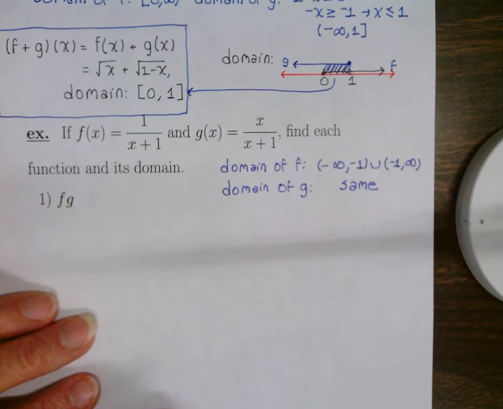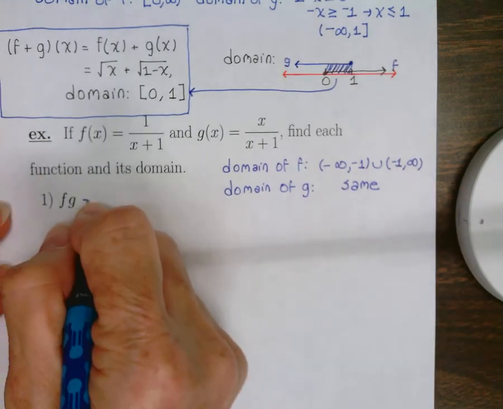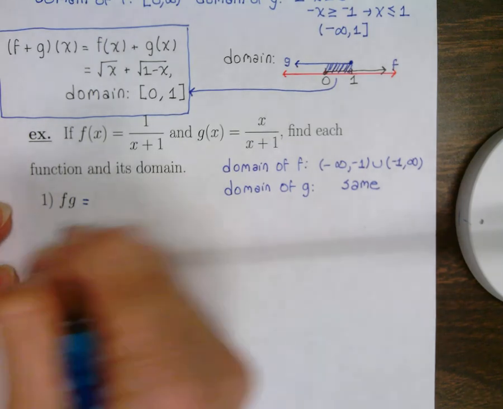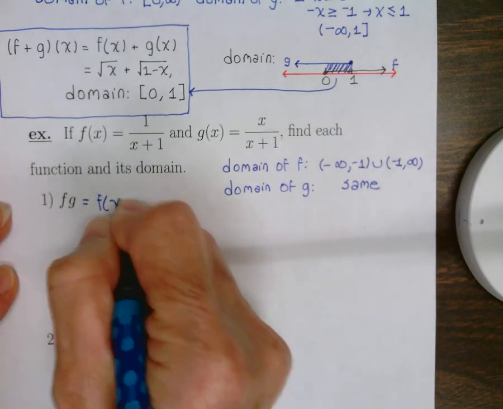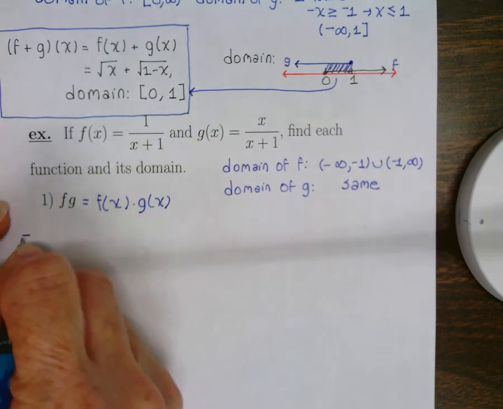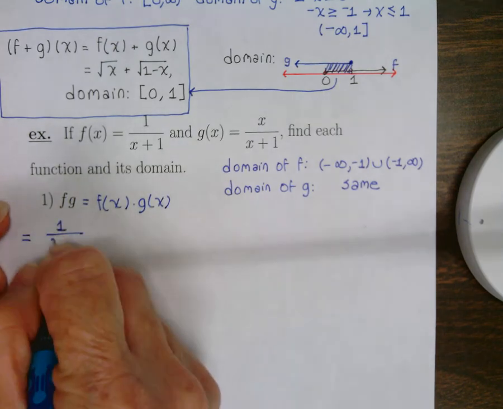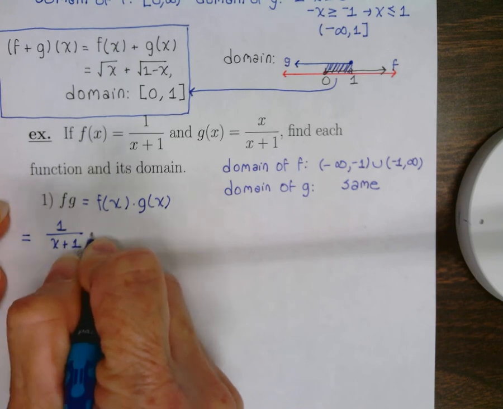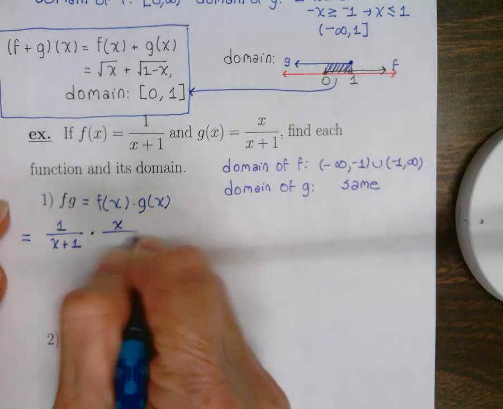Okay? So f times g of x is just f of x times g of x, which is 1 over x plus 1 times x over x plus 1.